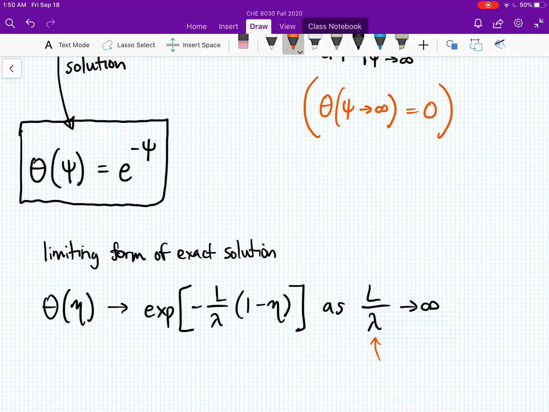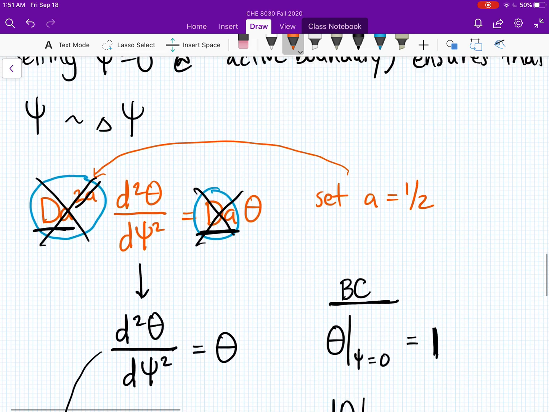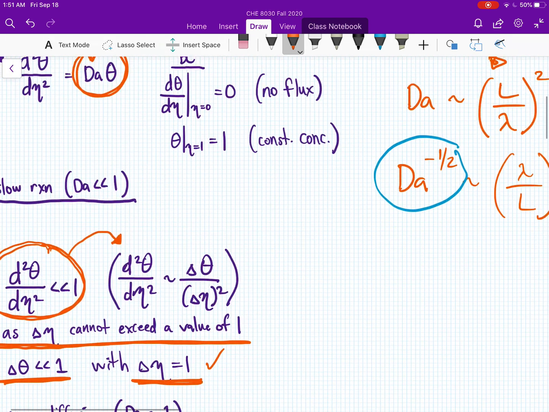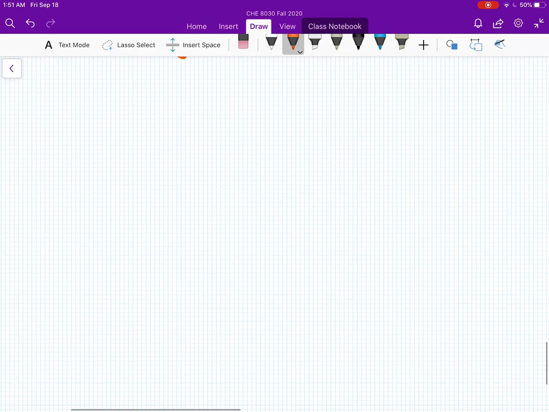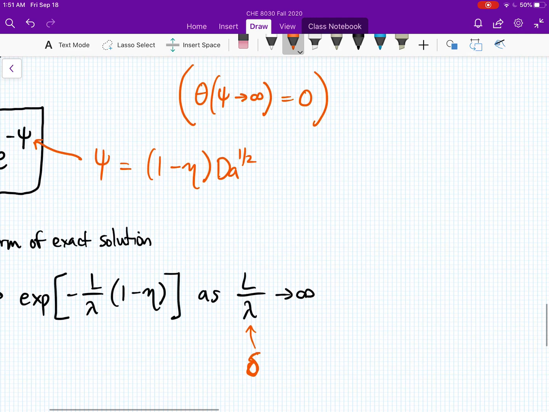Again, I'm going to point out that for us, lambda is delta, and our psi term is equal to 1 minus eta times the Damköhler number to the 1/2, which, if we remember from our manipulation earlier, is equal to 1 minus eta times L over delta.